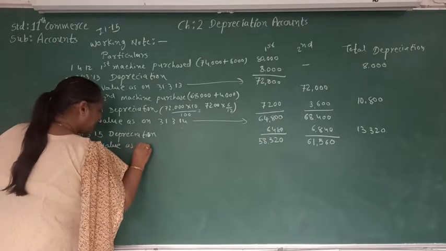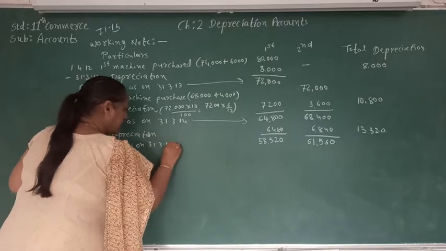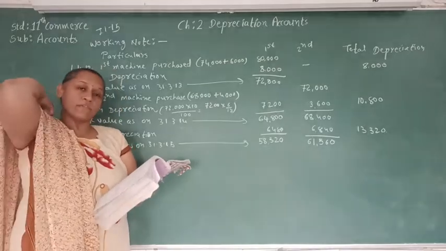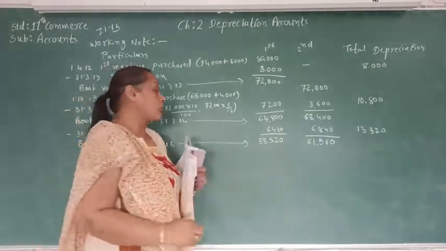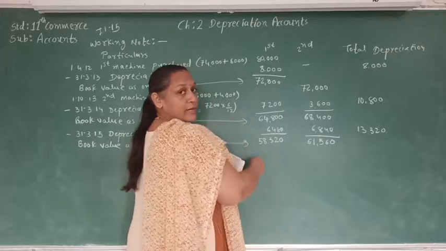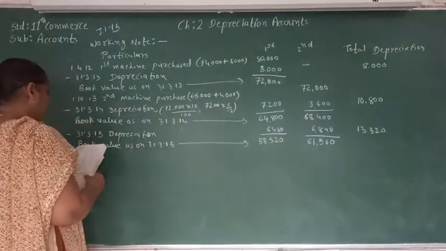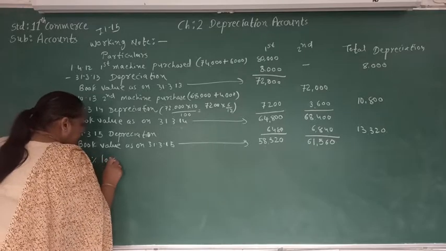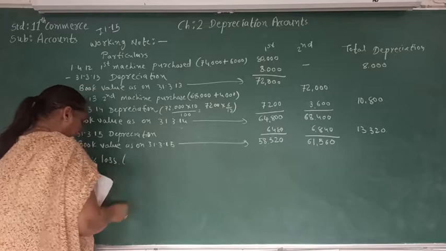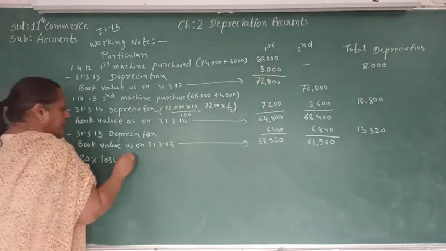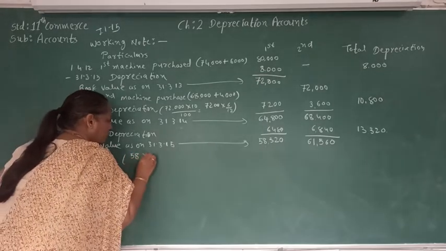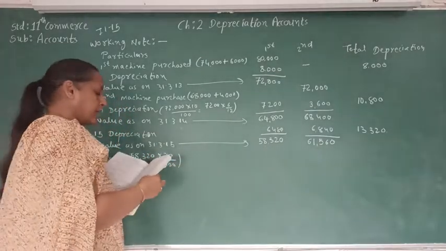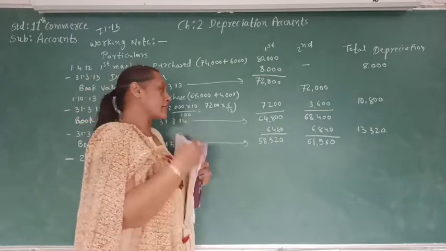Here this is the book value as on 31st 3/15. Now the first machine we are going to sell, and we will sell it at 20% loss of book value. So minus 20% loss: the book value is 58,320, and 20% of that will be 11,664.